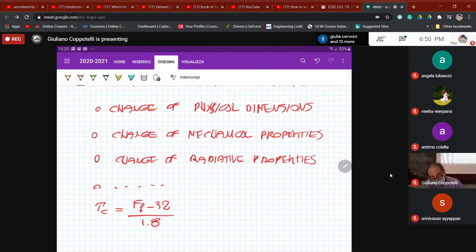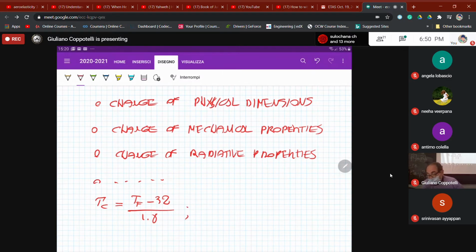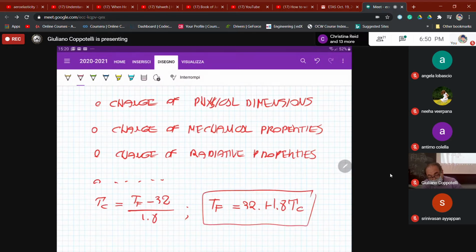Okay, which, oh, sorry. TF is the temperature in Fahrenheit, TC in Celsius. The way around formula is that the temperature in Fahrenheit is 32 plus 1.8 TC. Okay, just to remind you these two equations.